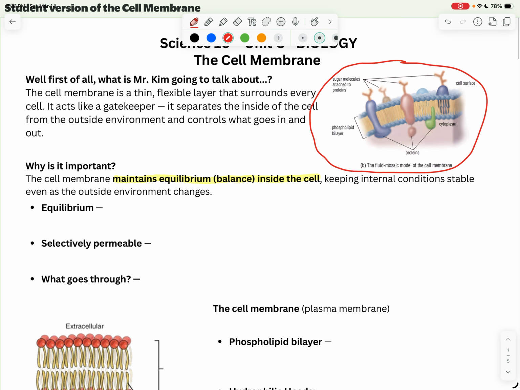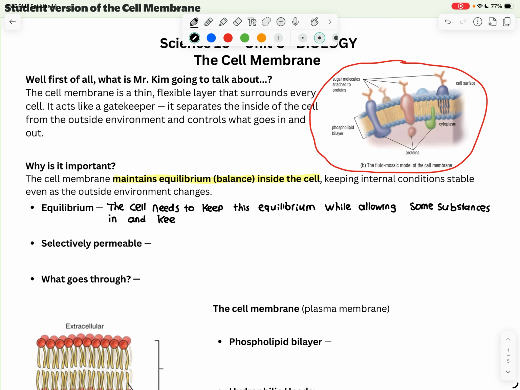So I'm just gonna explain equilibrium over here. The cell needs to keep this equilibrium while allowing some substances in and keeping others out.